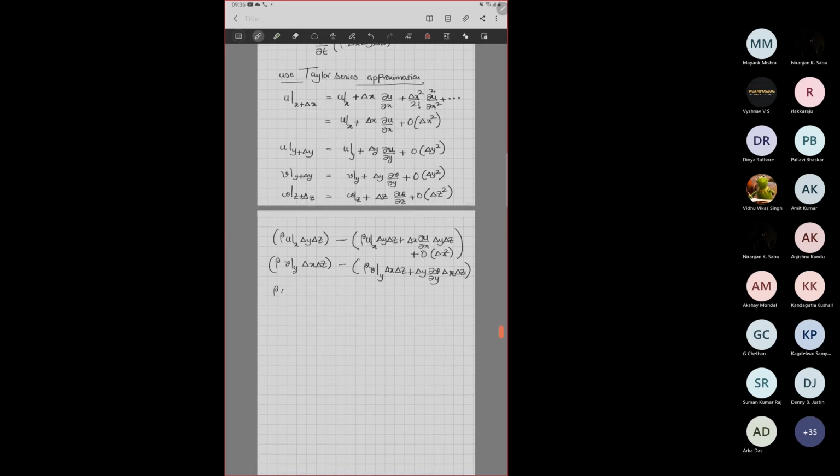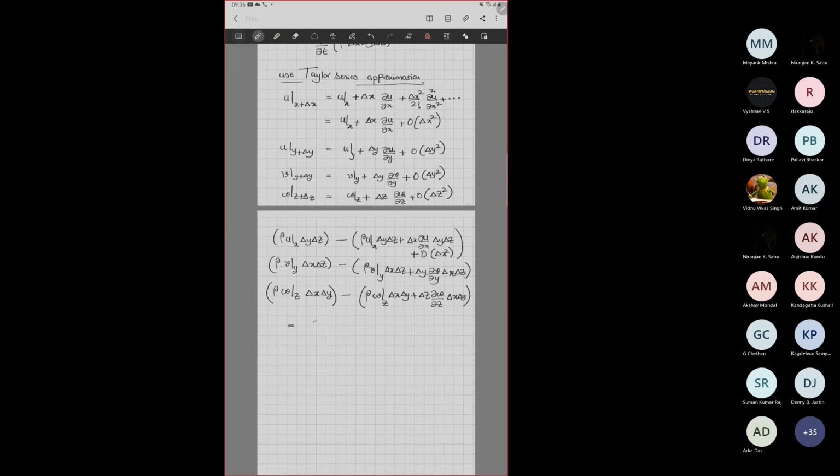The third component is rho w at z, delta x delta y, minus rho w at z location, delta x delta y plus delta z multiplied by del w by del z multiplied by delta x delta y.